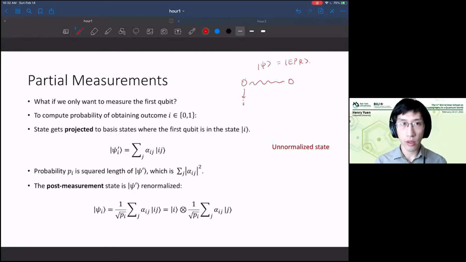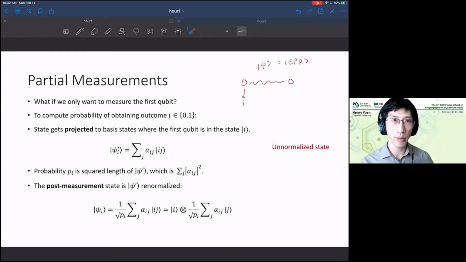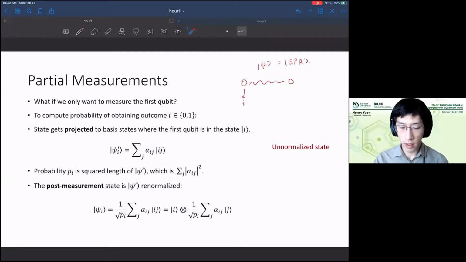And mathematically, to calculate the probability of getting this outcome i, you first have to project your state psi onto all the terms where the first bit of the basis state matches your outcome. So we're just going to get the sum over j of alpha ij ket ij.